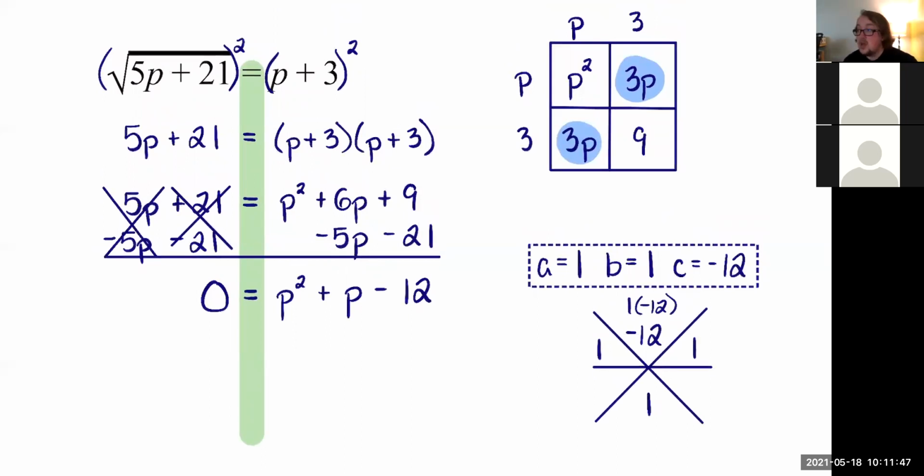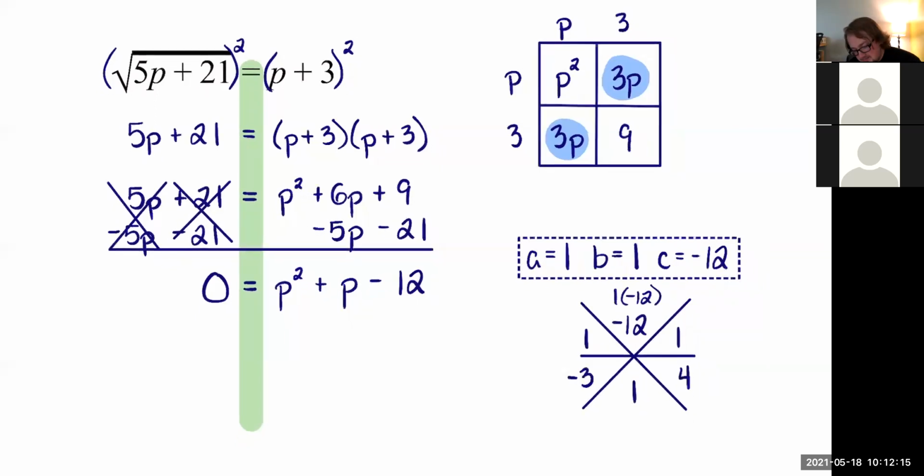So 1 and negative 12? Well, what would 1 minus 12 be? Negative 11. I want a positive 1. Negative 3 and 4. So negative 3 times positive 4 is negative 12. Negative 3 plus 4 is a positive 1. So it sounds like we've got them.